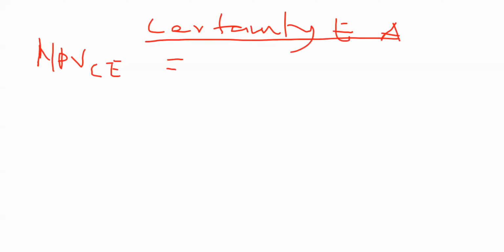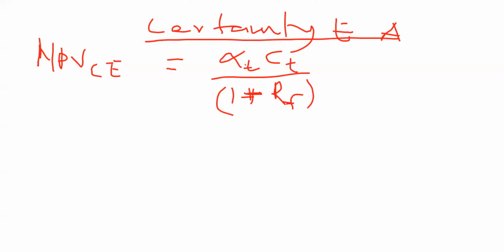There's the formula: the summation of alpha T times C over 1 plus RF, where RF is always the risk-free rate, raised to power T, with T starting from 1 up to N. And as for our CO, it doesn't change, it's still the same thing.